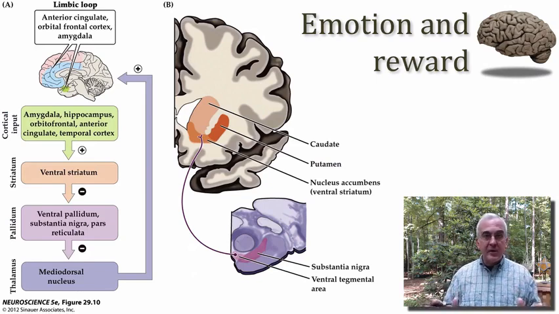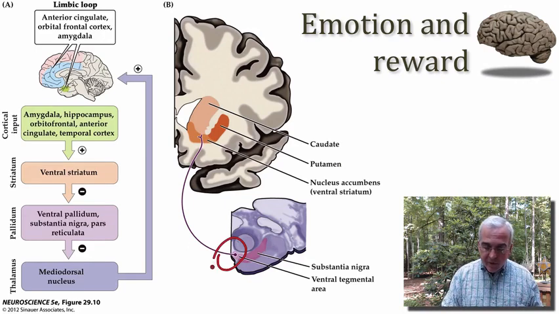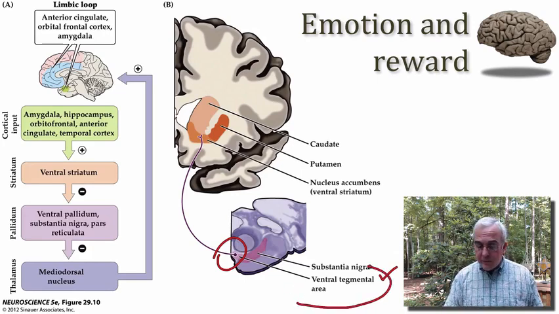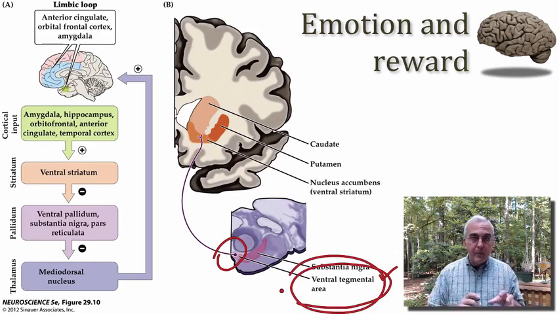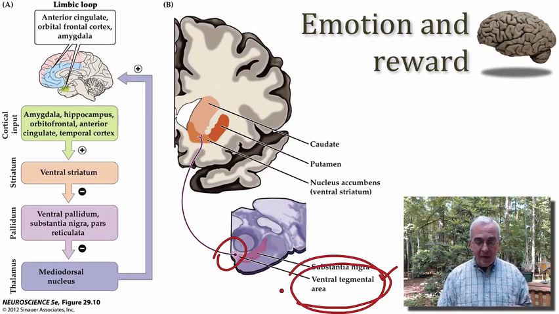Now, there's one critical component of this circuitry that I need to highlight before we move on, and that is found right here on the medial edge of the substantia nigra in the midbrain. This is the ventral tegmental area, which is critically important in modulating the way the circuitry through the ventral loop of the basal ganglia operates.